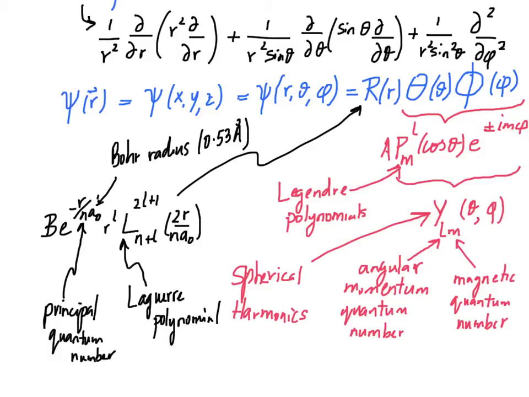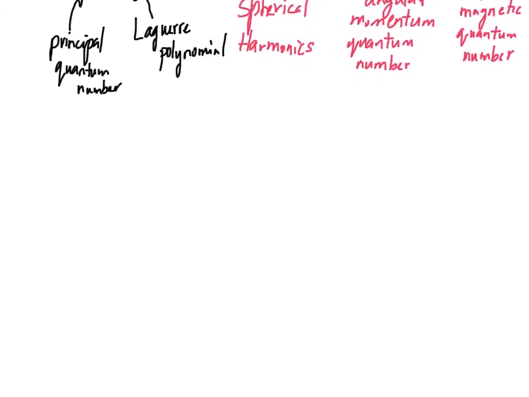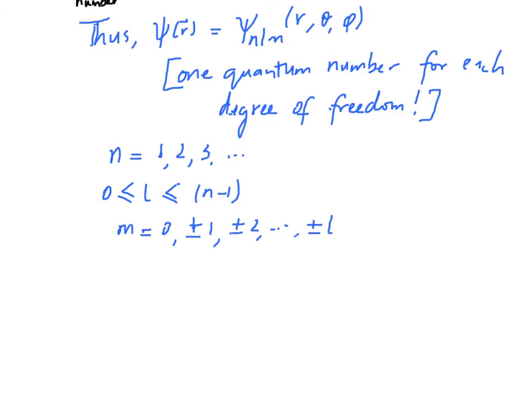So we thus have the wave function, which is a function of three variables, r, theta and phi, and there are also three quantum numbers. These quantum numbers are of course integers, but there are limits on what their values should be. Let's briefly take a look at that, and let me write that down. So those are the possible values.